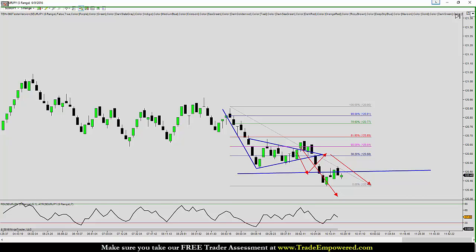On the range bar chart, you'll get a smoother look at price action, which some find easier, I don't want to say better, but easier for analysis. So I don't want to say one's better than the other. They're different.